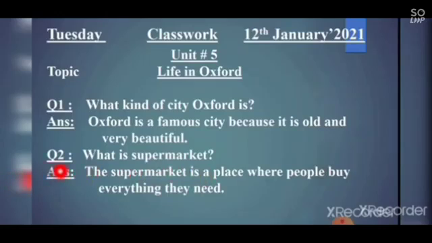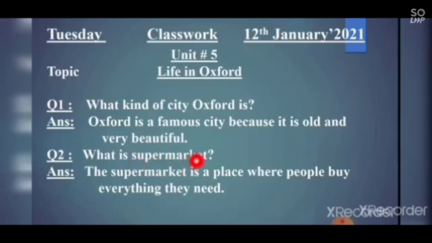Hurry up. Write answer. Then write the. T should be capital. H E, the. Give some space. Then write supermarket. SUPERMARKET, supermarket.